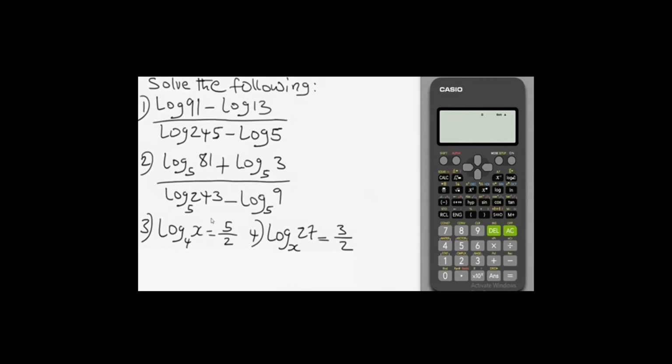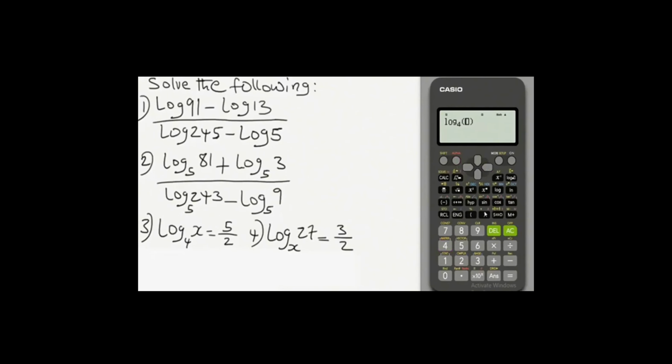Let's go ahead and solve questions 3 and 4, which involve logarithmic equations. So question 3, to solve this, we make use of this button. We have log base 4 of x.